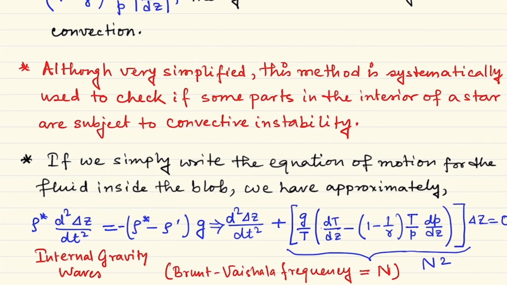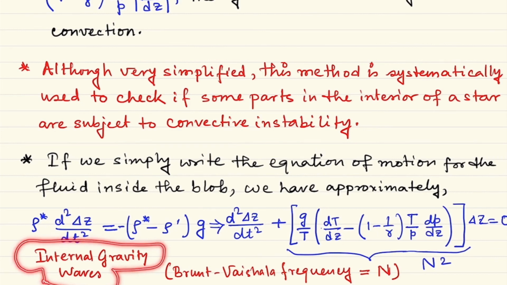You can check that this is known as the Brunt-Väisälä frequency. So what does that correspond to? This corresponds to the coming back of the mass blob to its original position when it is displaced vertically upward initially. And it actually leads to linear wave modes.